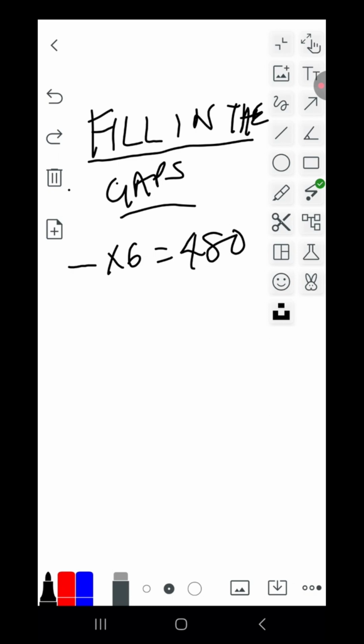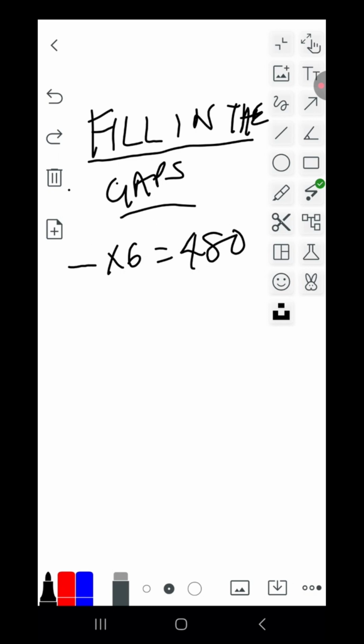First thing you need to look into is this missing number. We need to solve it, so we need to remove anything else beside it. These two numbers cannot exist on their own, otherwise we're going nowhere.